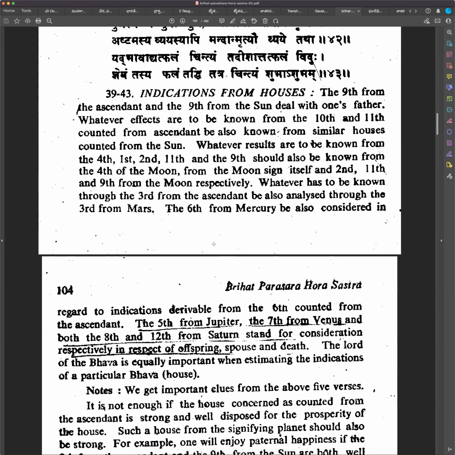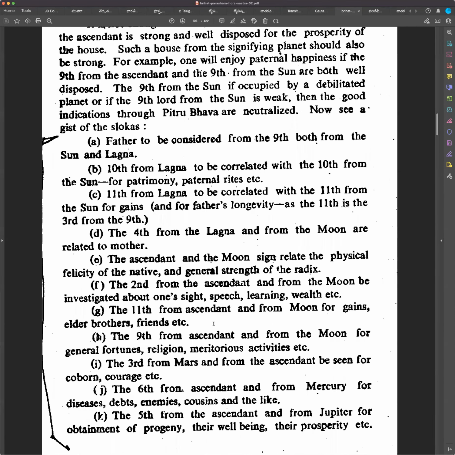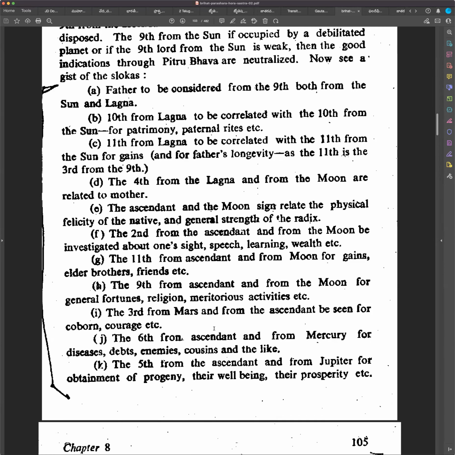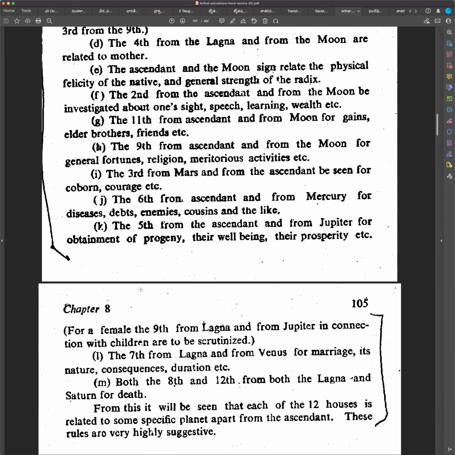That's why he mentioned all the karakatvas here: father, mother, wife, spouse, brother, enemies, and putra pautra, meaning sons, and everything. Like the 8th house and 12th house: the 8th is Ayush, the 12th is Vyaya, your expenses. You need to see from Saturn, because Saturn is the karaka for your Ayush as well as your expenditure.